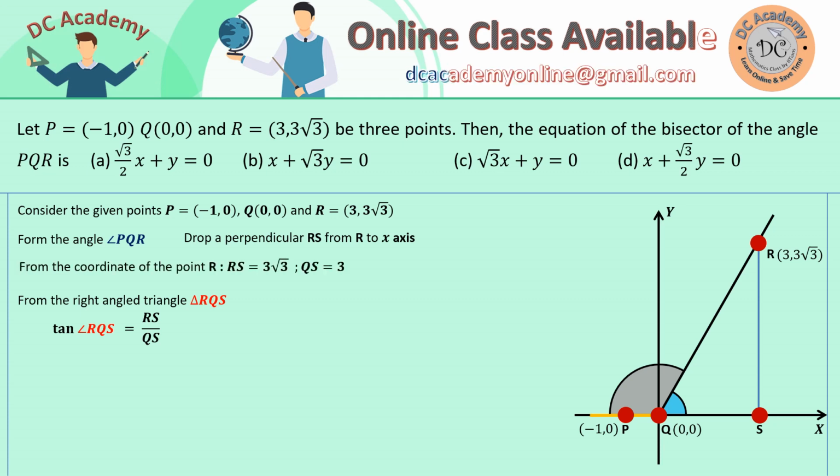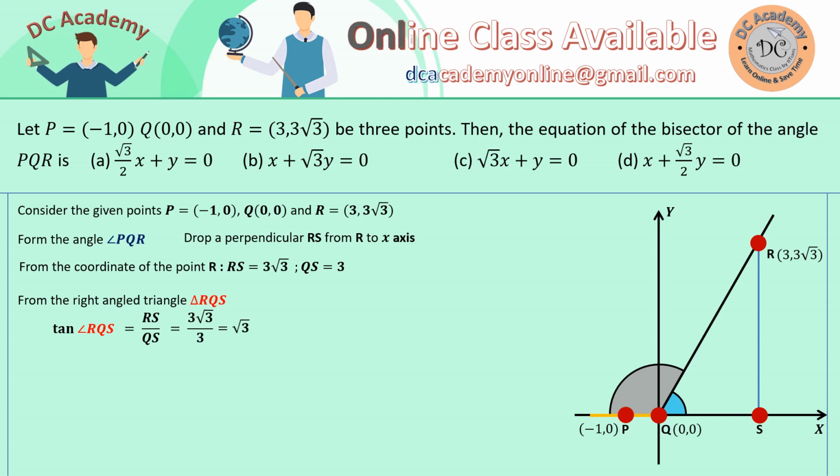From the coordinates of the point R, RS is the y coordinate of R, that is 3 root 3, and QS is the x coordinate of R, that is 3. So tan RQS is equal to 3 root 3 divided by 3, which is equal to root 3.